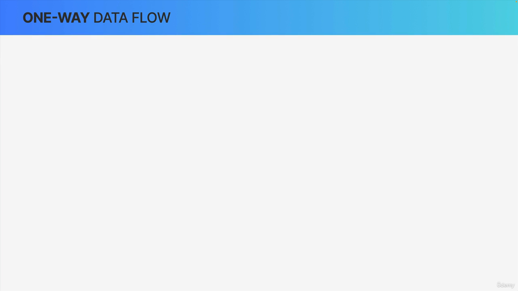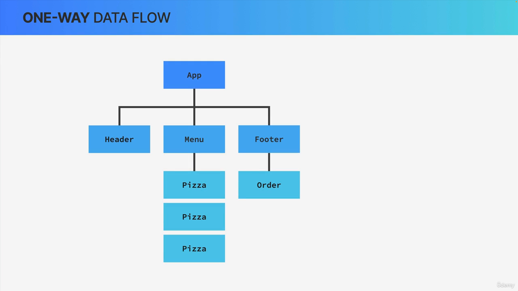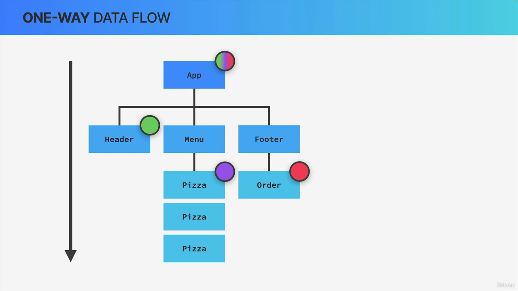Well, in simple terms, one-way data flow means that in React applications, data can only be passed from parent to child components, which happens by using props. So, in other words, data can flow from parents to children, but never the opposite way. And therefore, we have a one-way data flow, so only from top to bottom of the component tree.